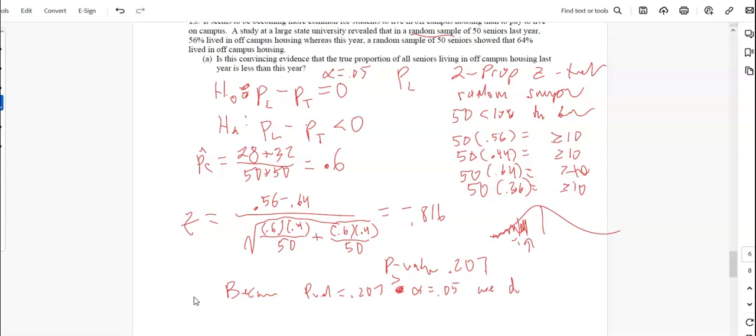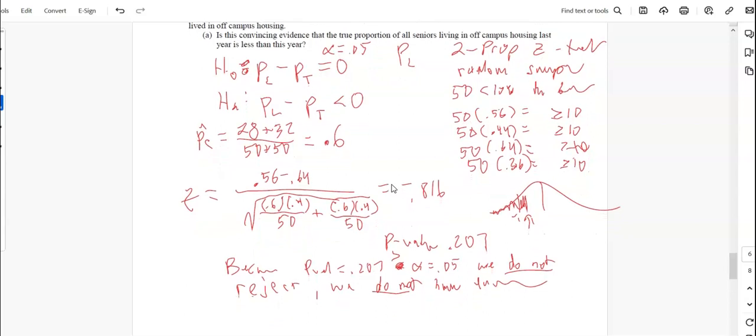We do not reject, or we fail to reject. We do not have evidence that the true proportion of seniors living off campus, last year's seniors compared to this year's seniors, is any different from each other. We don't have evidence to say that's true.